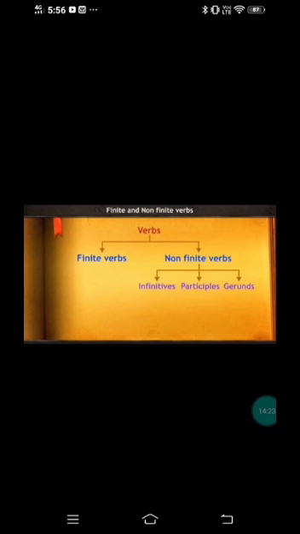Try to identify the verb which has been preceded by to. If you see to plus verb, then it is a non-finite infinitive verb. If you see verb plus ing or verb plus ed or en or d form, then it is a present participle or past participle. If you see verb plus ing which is acting as a noun in the sentence, then it is called a non-finite gerund verb.